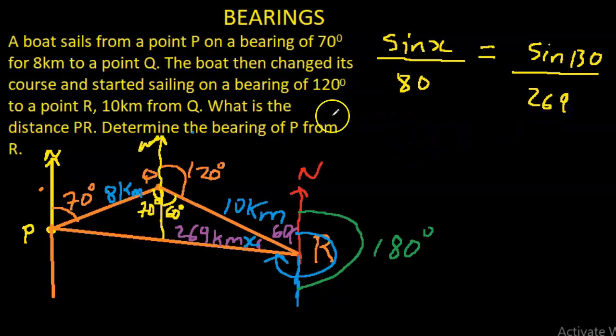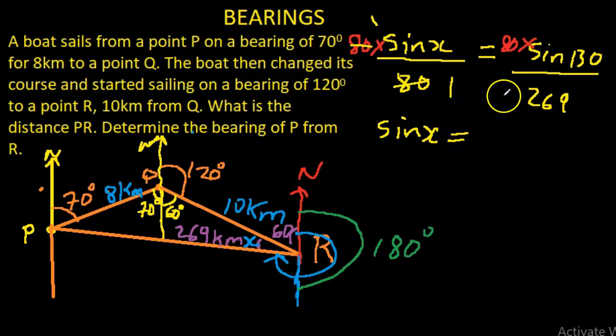I want to get rid of the 80, so I multiply both sides by 80. So sine x is equal to 80 times sine 130 upon 269.